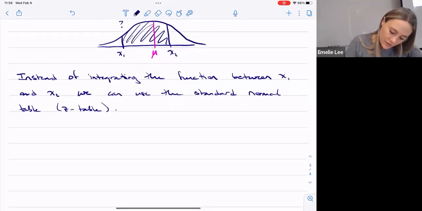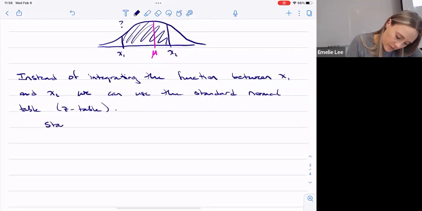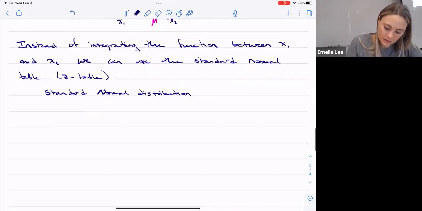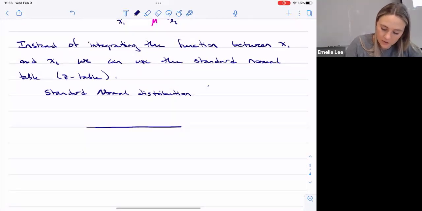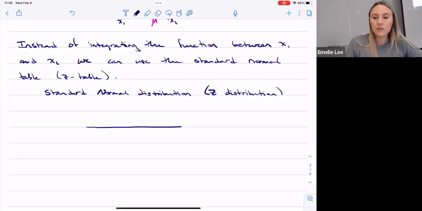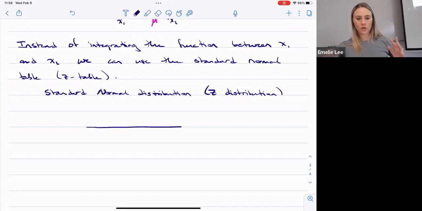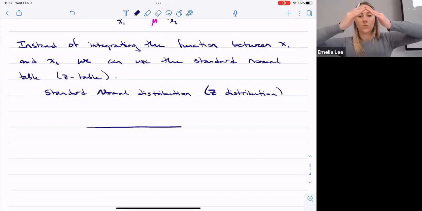Okay. So the standard normal distribution is a special case. So the Z distribution, if you prefer, it is a normal distribution. So all we're doing is we're taking what was originally a normal distribution, and then we kind of shrink it down to this standard normal distribution.